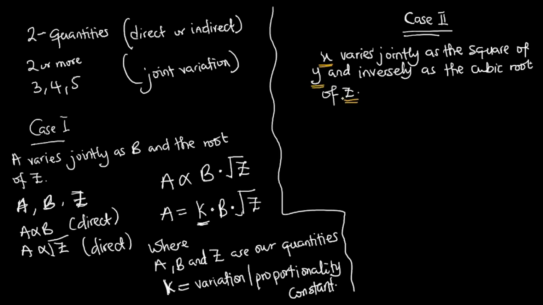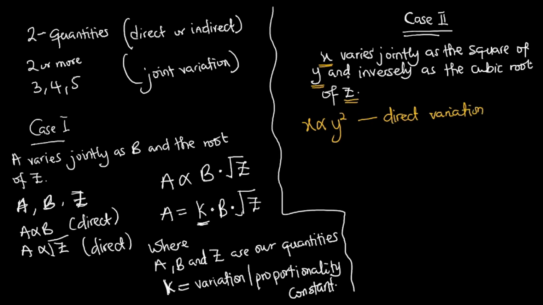So the variation exists between these three variables or quantities. So s varies jointly as the square of y. This is a direct variation between s and y, so we write that as s varies as the square of y. This is our first variation, and it is a direct variation.